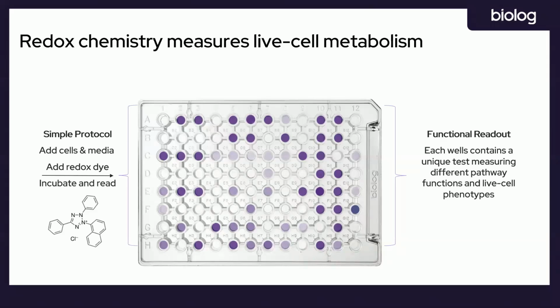Here we can see the Biolog system in action. It encompasses a 96-well plate preloaded with relevant substrates such as prebiotics. By analyzing expressed cellular properties or phenotypes, we eliminate the noise and focus on properties that are biologically relevant to the cells of interest.